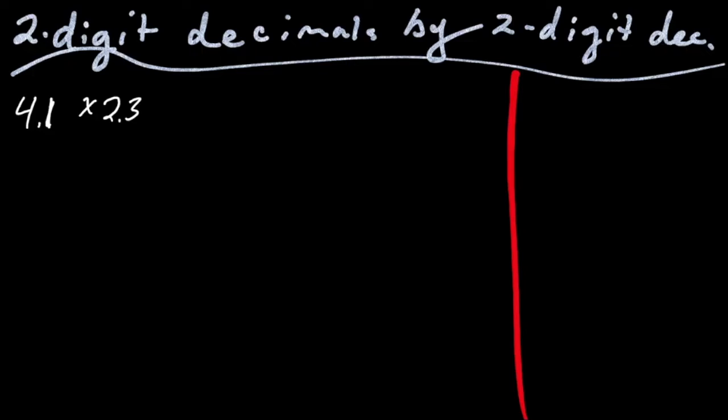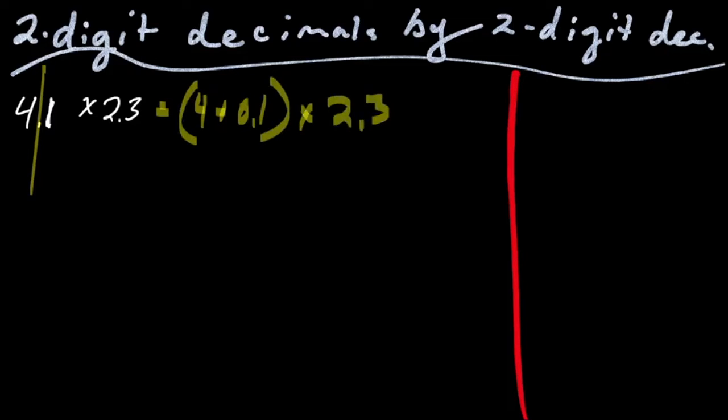Now I have 2-digit decimals by 2-digit decimals, so I can do this in exactly the same way. What's happening here first is I'm going to divide these into their place value. So I'm just going to go 4 plus 1/10 times 2.3.